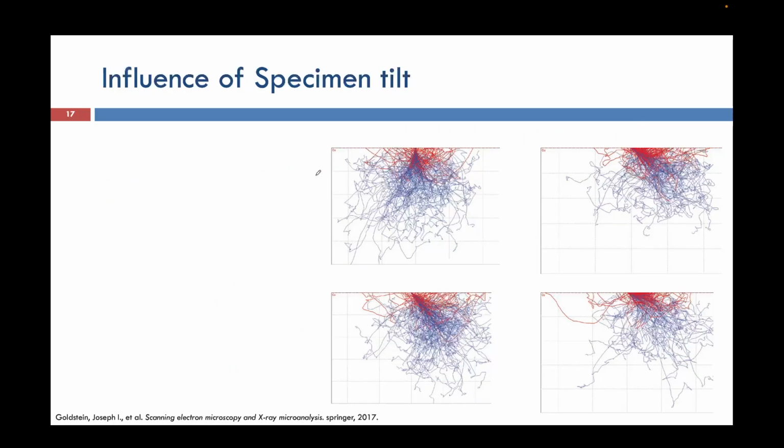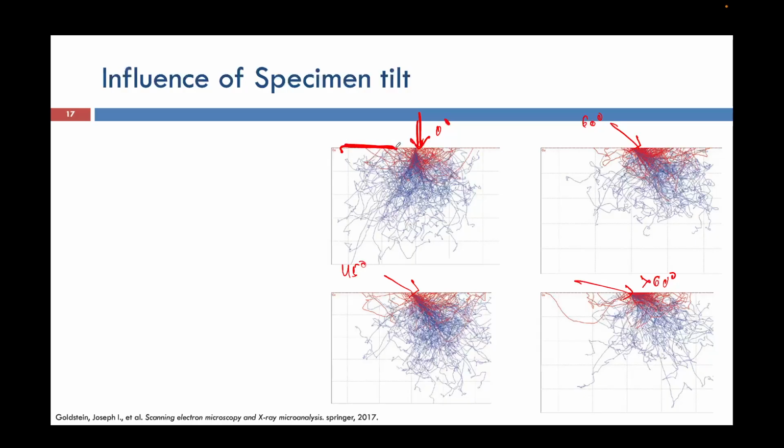And another thing, when I am talking about specimen tilt, either I can tilt the specimen or I can tilt the beam. So when I am talking about the tilting of the incident electron beam, you can see this is 0 when my incident electron beam is hitting the specimen normal to its surface, right?